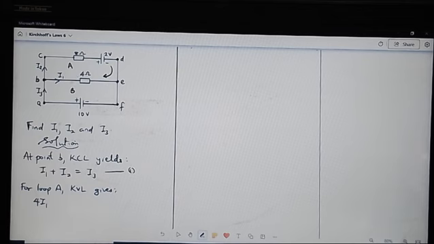We move on to the next point. We can see that going this way, we are now moving in the same direction as I2, because this current I2 is what is passing through this 8 ohm resistor.